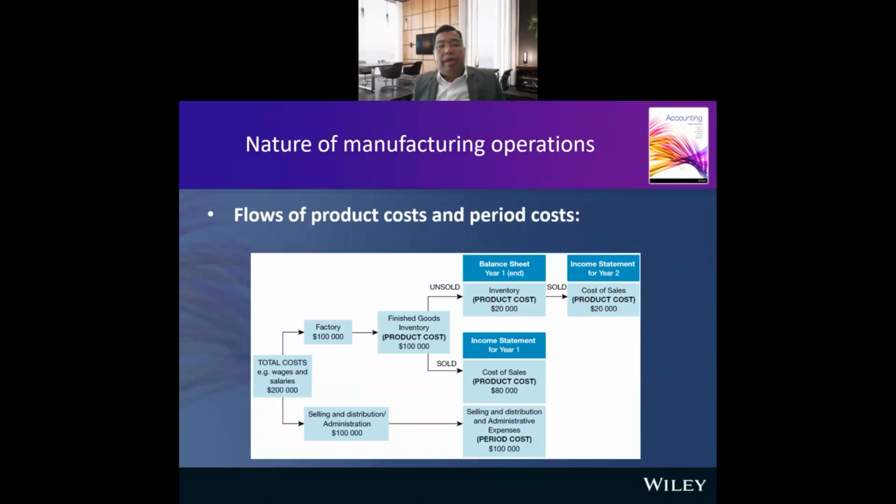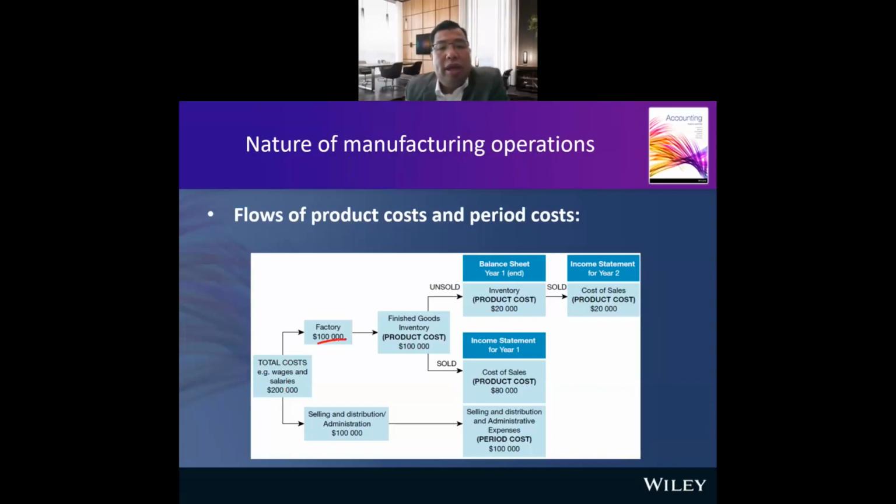Okay. So this is the flow of product and period cost. The total cost involved here is 200,000, for example. This 200,000 is the total cost of maybe wages and salaries and other costs. It comes from the factory, 100,000.